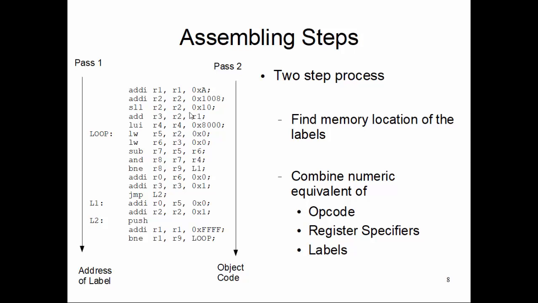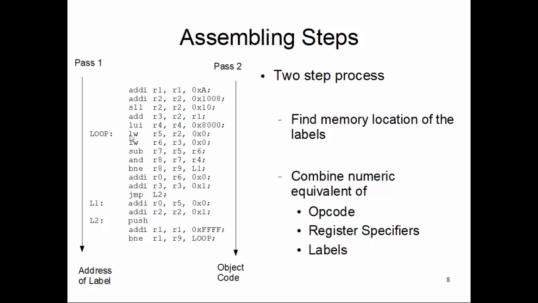So you can think of a label as a name of that address. Name of the address of what? Name of the address of the next instruction after the label. So a loop, a string loop, refers to the address of the instruction which is immediately next to it.